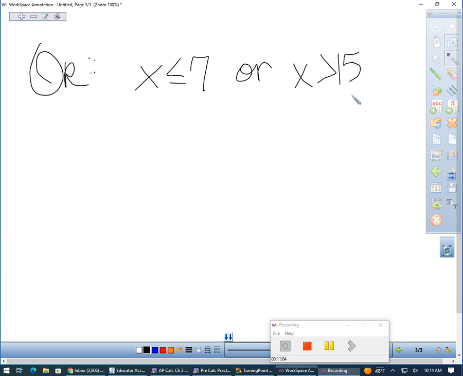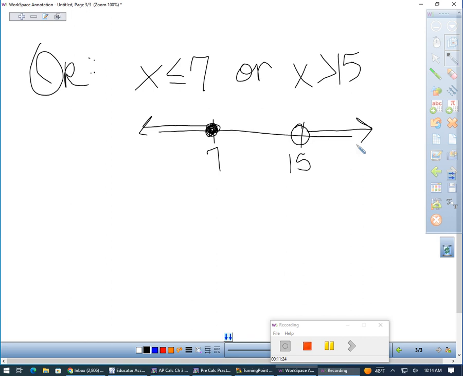Sorry, my bad, 15. For an or problem, if you look on a number line, at 7 I have a closed dot, and this says x is less than, so it goes that way. At 15, I have an open dot, and it says x is greater than, so it goes this way. For an or problem, your arrows go in opposite directions. And goes together, or goes opposite.